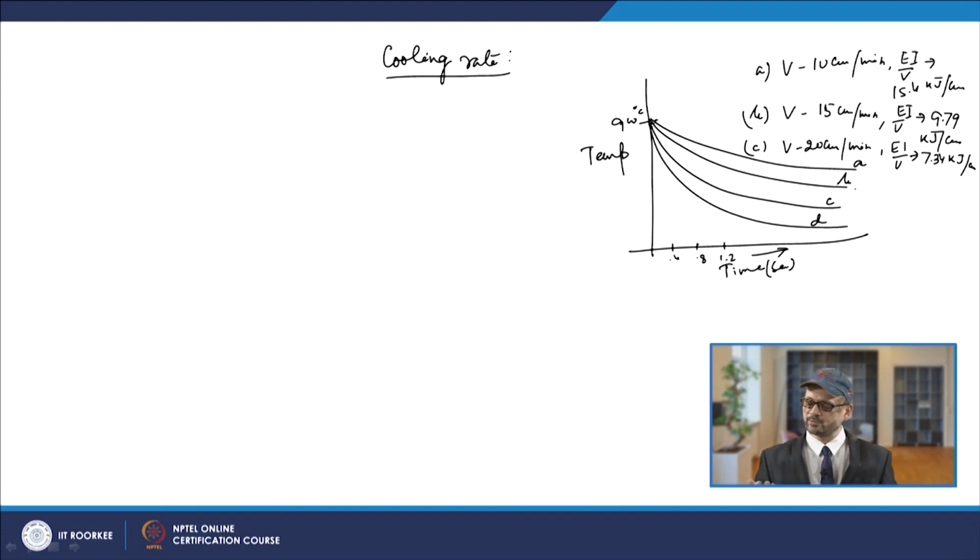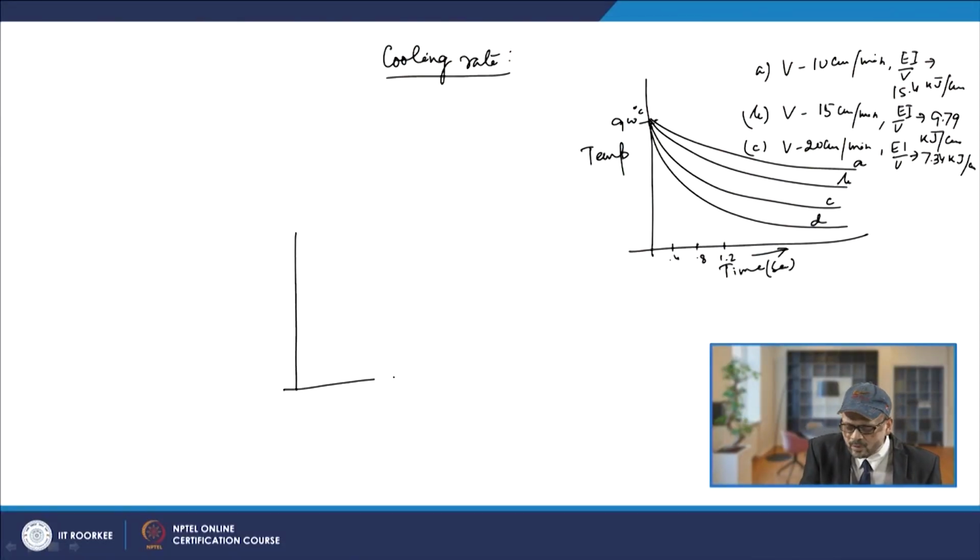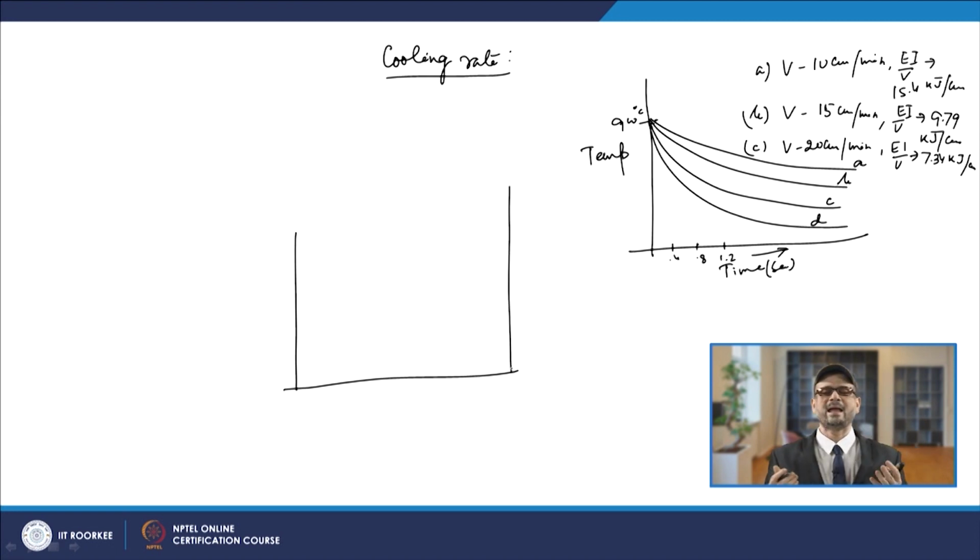Now this has also been seen for different welding processes, and for each welding process the curve was drawn again, so you can have a comparison, like arc welding and electroslag welding. In the case of arc welding the Q by V value is one thing, and in the case of electroslag welding the Q by V value will be different.